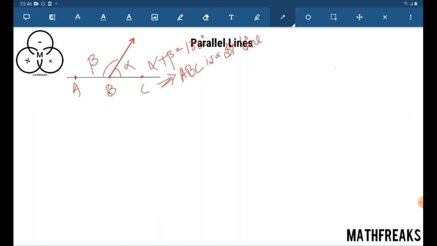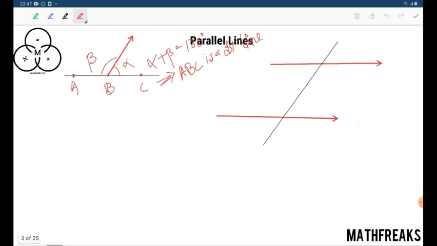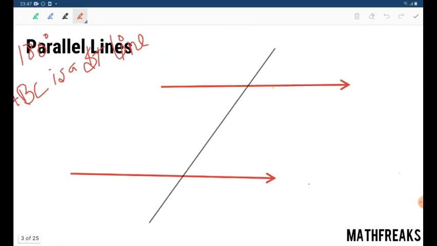Now what about parallel lines? If we have two lines parallel to each other, which have been cut by a transversal, then if this angle is theta, this angle is also theta, and they are known as corresponding angles.